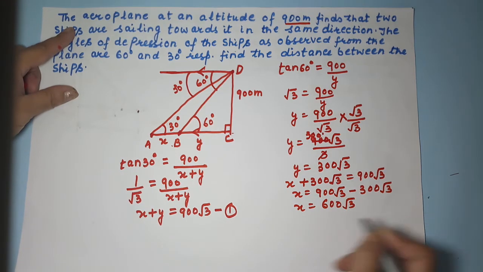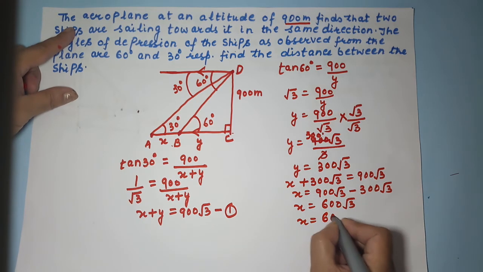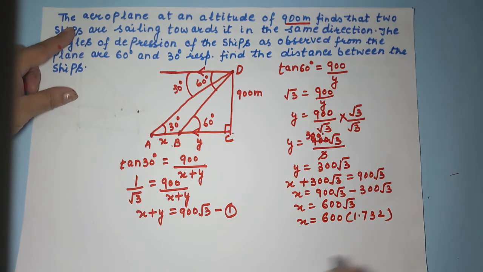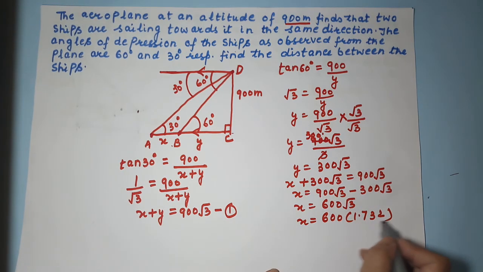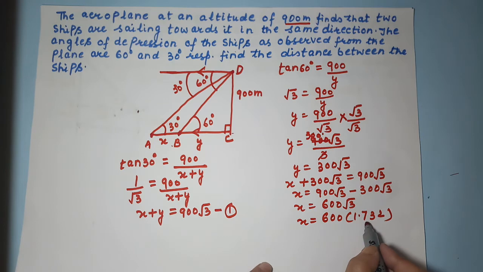So now we know the value of root 3. How much is that? 1.732. This value may be given sometimes and sometimes it won't. But in the question it will be written to find the answer to nearest decimals. That means you have to replace this value. So you need to remember the value of root 3.